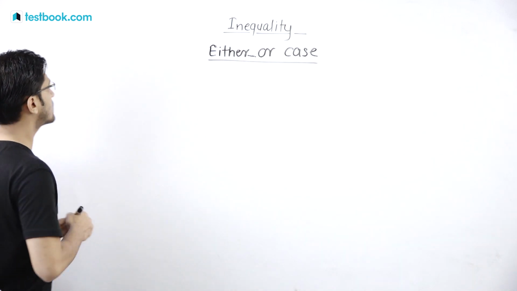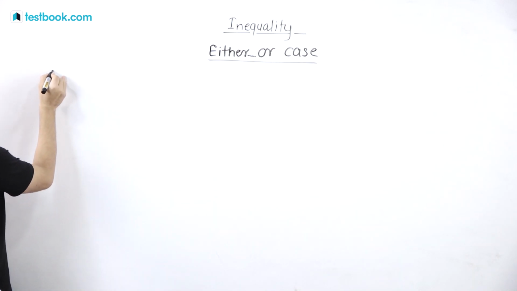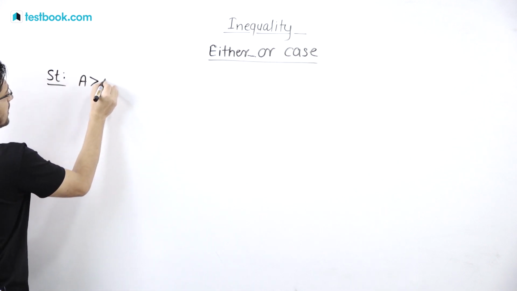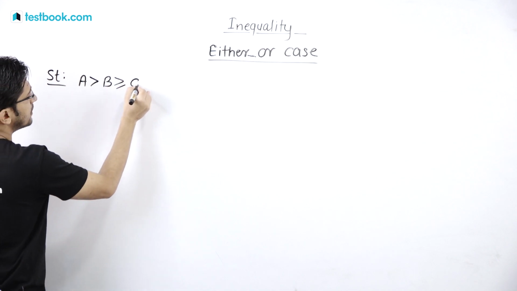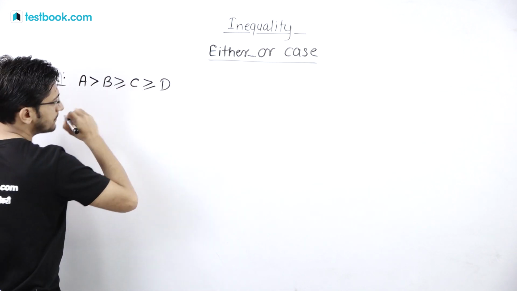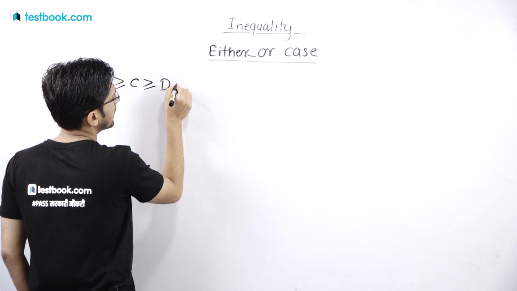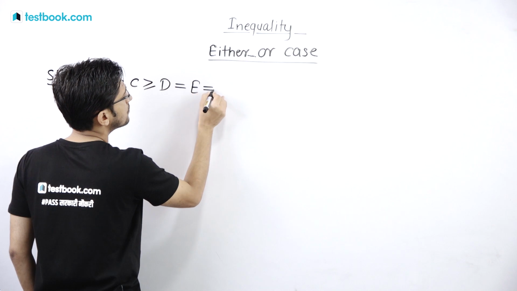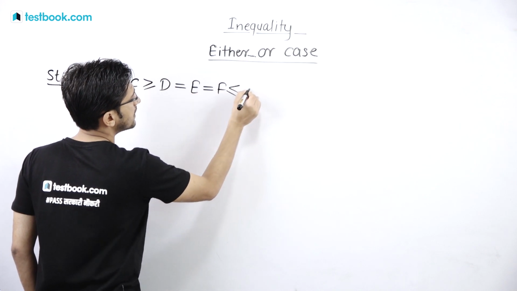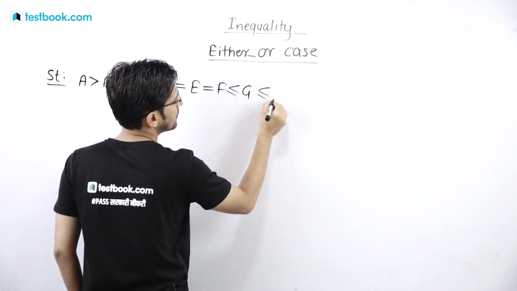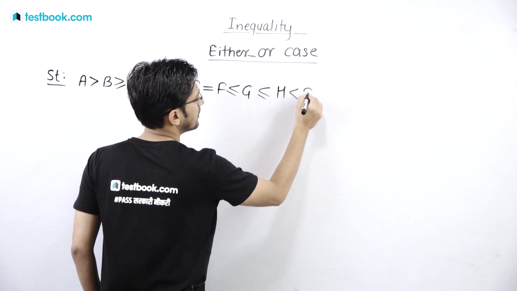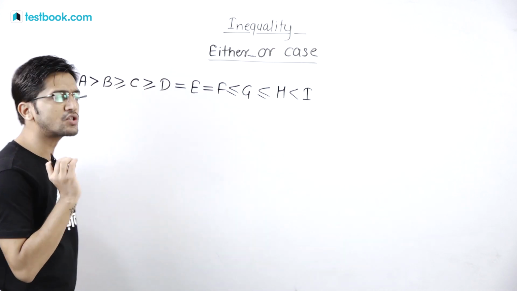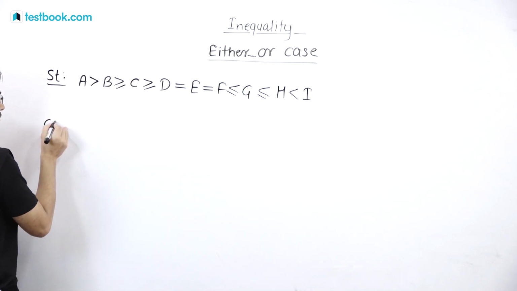For instance, let us assume that we are given one statement: A is greater than B is greater than or equal to C is greater than or equal to D is equal to E is equal to F, less than or equal to G, less than or equal to H, and less than I. Based on this statement, we are given 2 conclusions.